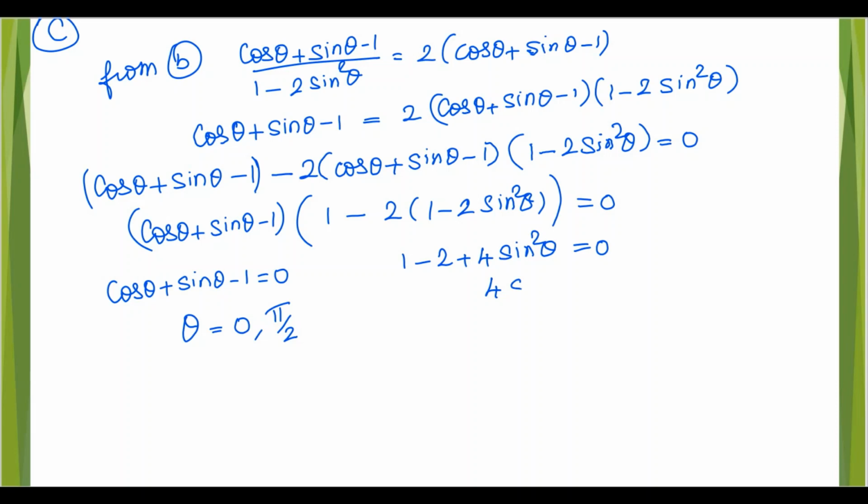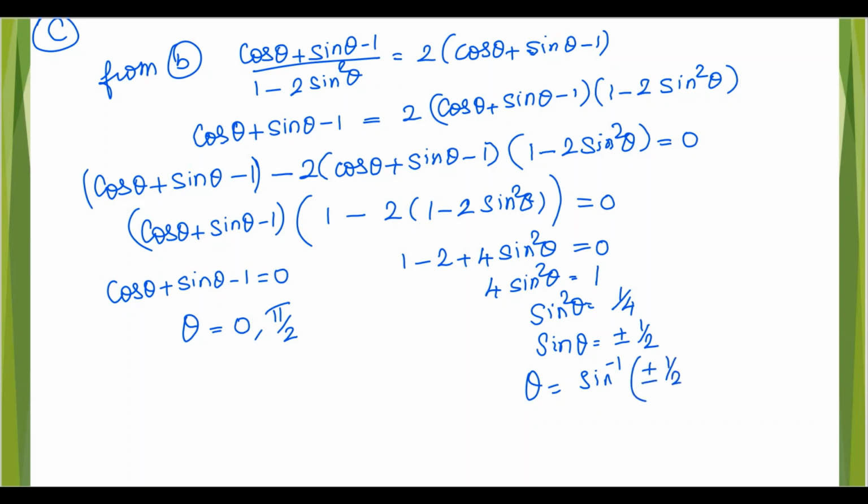So here 4 sine square theta equal to 1, or sine square theta equal to 1 over 4, or sine theta equal to plus or minus 1 over 2. So theta equal to sine inverse of plus or minus 1 over 2.